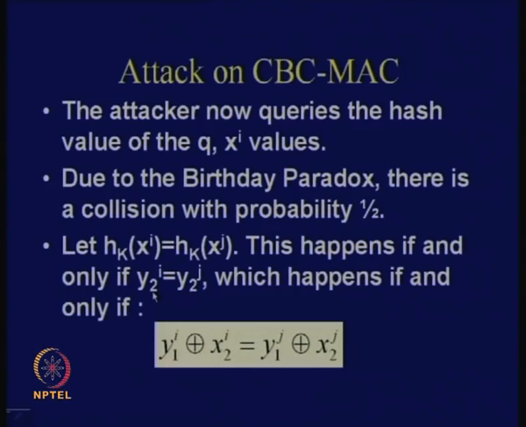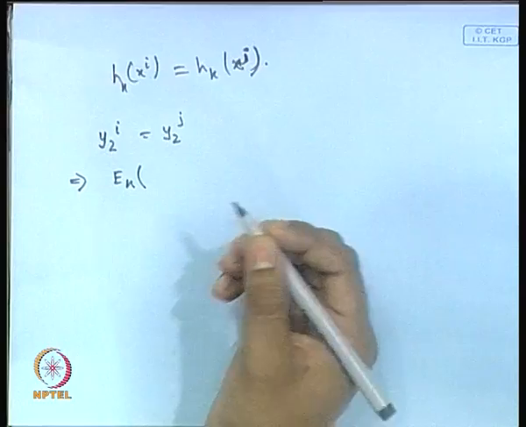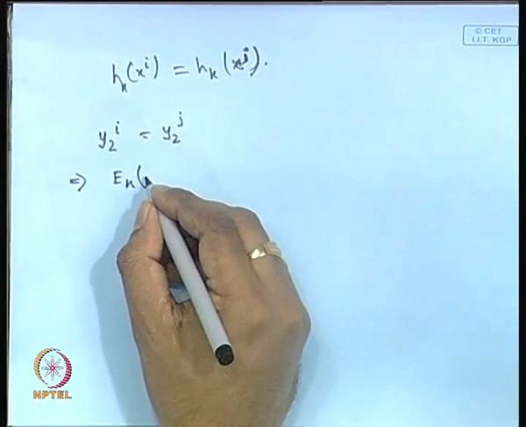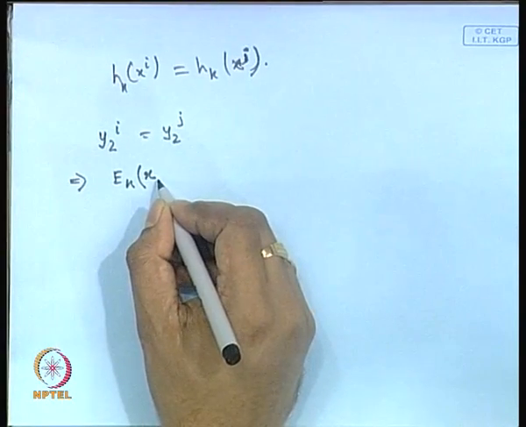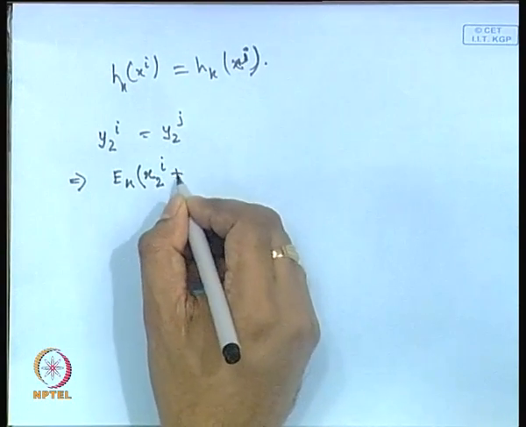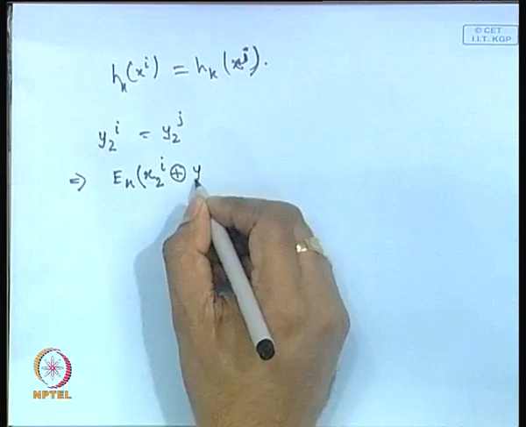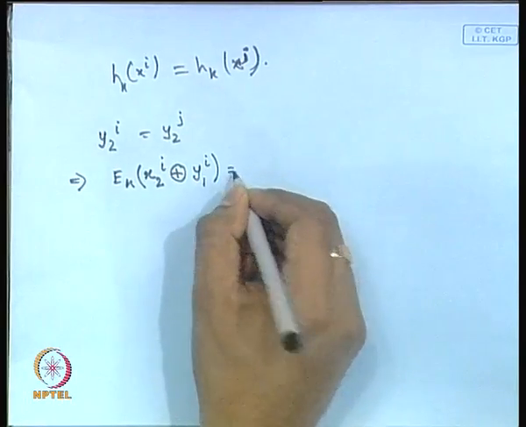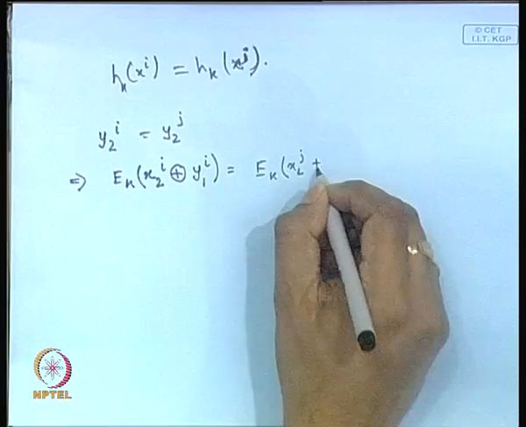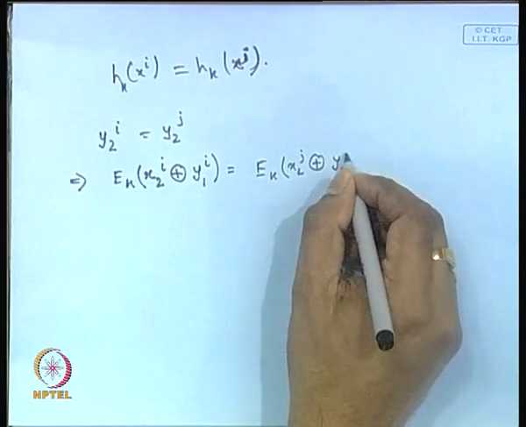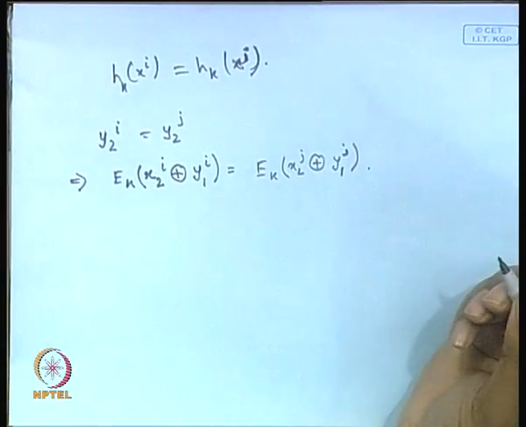You know that y2i equal to y2j implies that this is nothing but ek applied over x2i XORed with y1i, and this is ek with x2j XORed with y1j. Okay.